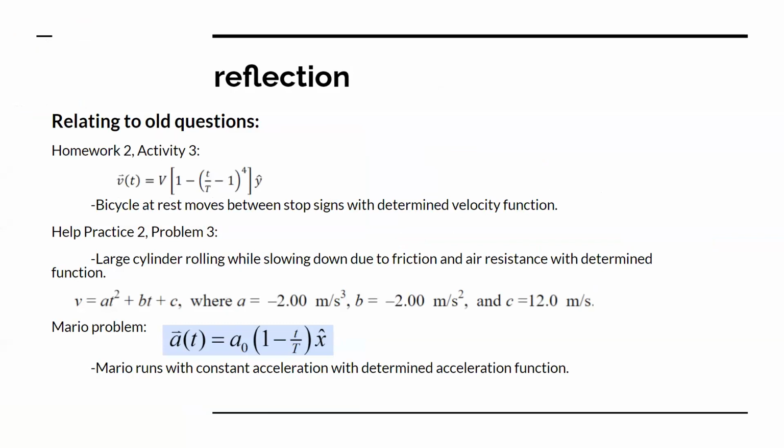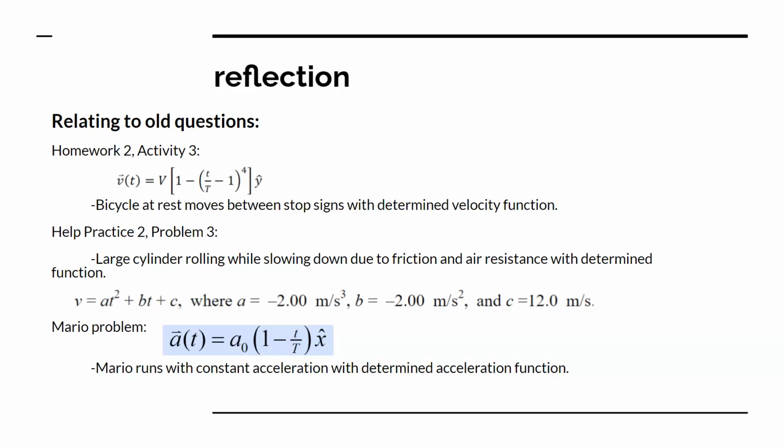For help practice 2, problem 3, it asks for the distance until rest of the large cylinder rolling down and slowing due to air resistance and friction. And in this also, it asks for the acceleration, position, and velocity functions. And it has constant predetermined variables.